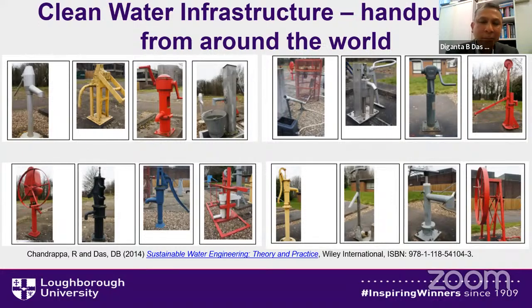You need something. And this is the most common example, what you see in my slides there. These are hand pumps from all different parts of the world. You see that they look different, the colors are different, they have different shapes and sizes, but they all try to achieve the same thing, provide clean water for human beings.